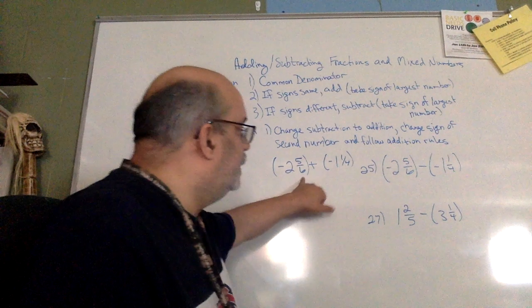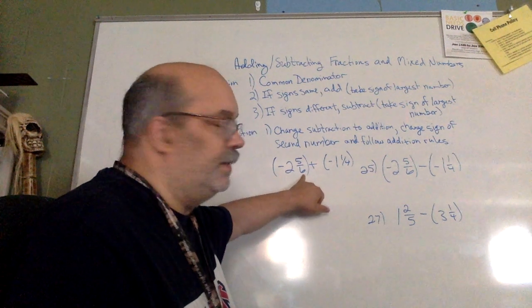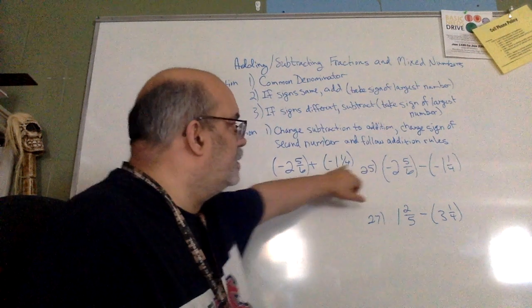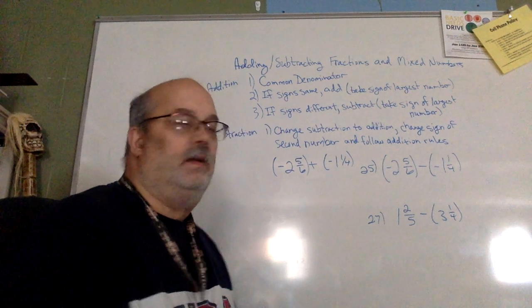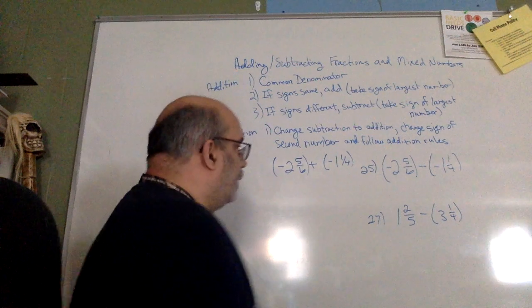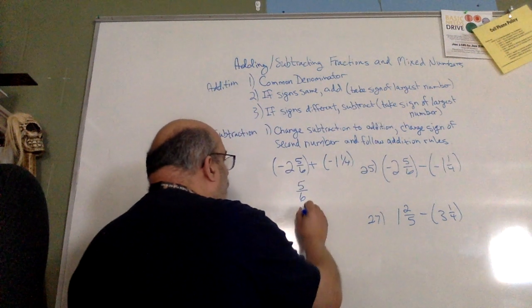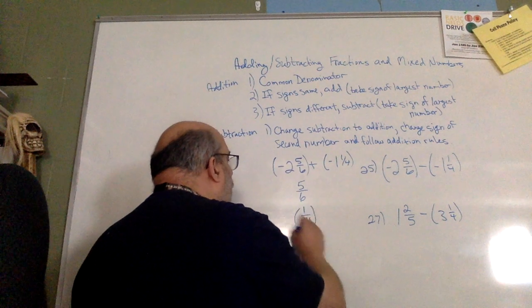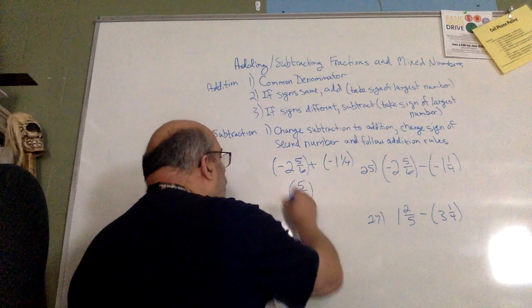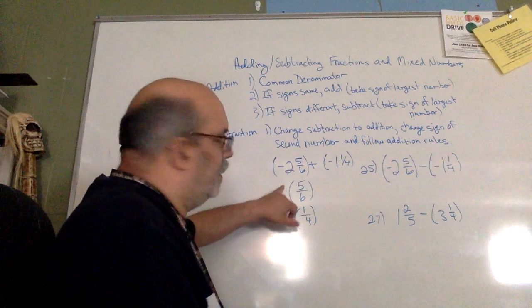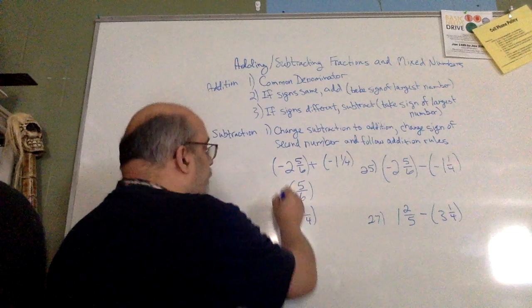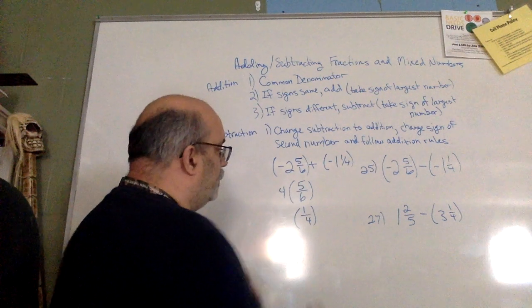They have different denominators. This one has a 6, that one has a 4. So we need to get them alike. So we're going to multiply the top one by 4, the bottom one by 6.